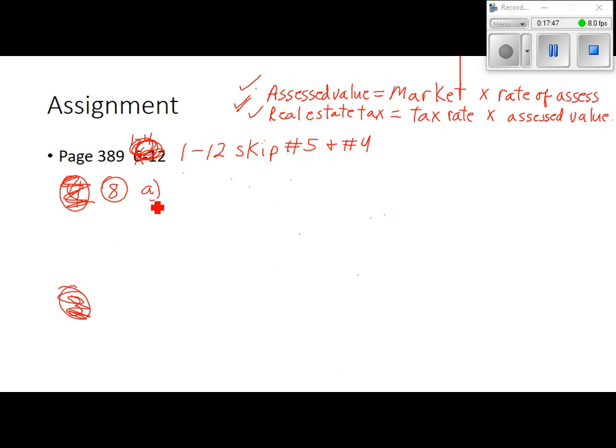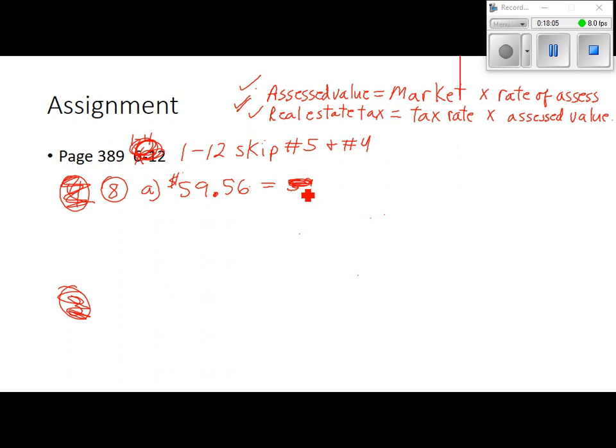So when they give you $59.56, that's actually per 1,000.